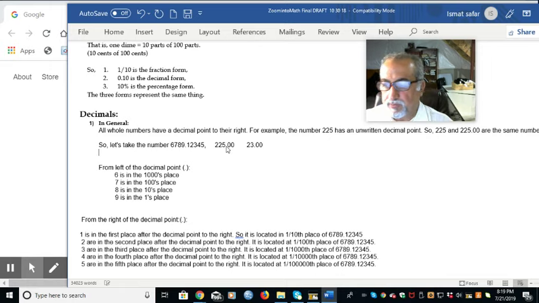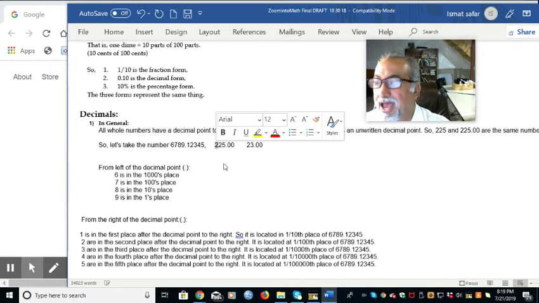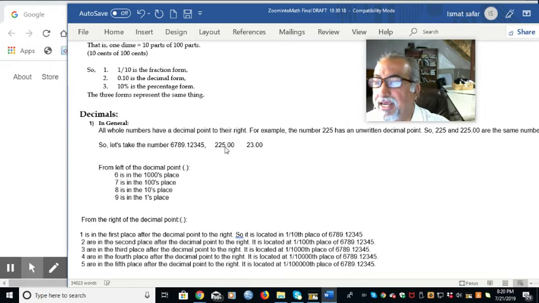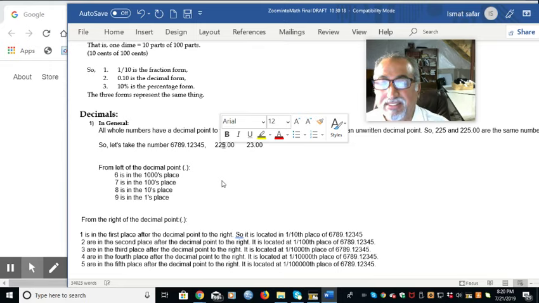Okay, now if we have the number 225, so 200 is in the hundreds place. This two here is in the tens place, and the 5 here is in the ones place.